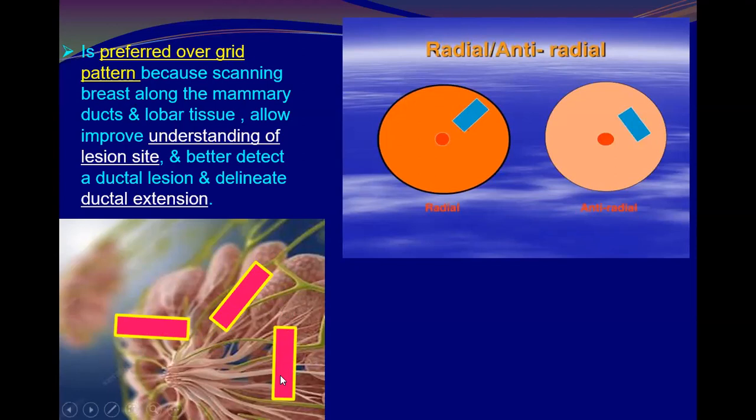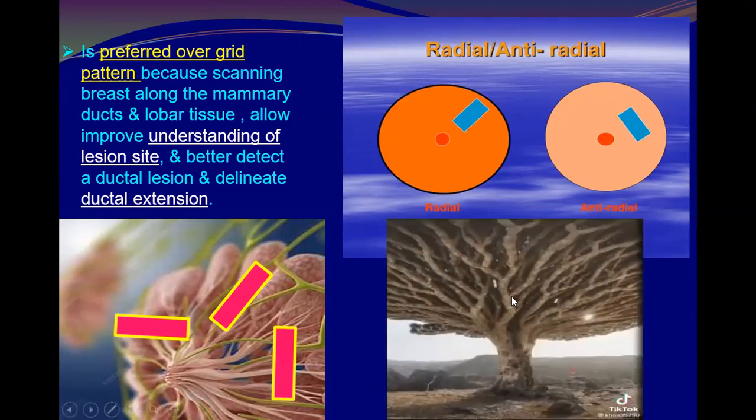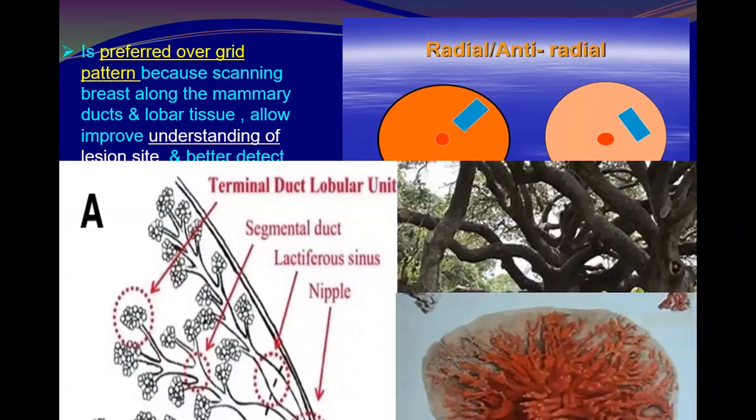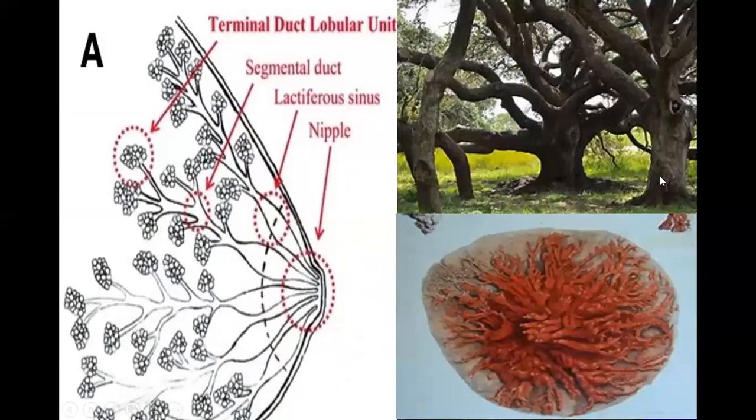longitudinal, or vertical. And we said if you look for these trees, like the lactiferous duct with its branching, look for the branches throughout the breast. And if you look here, are you hearing me? Yes.